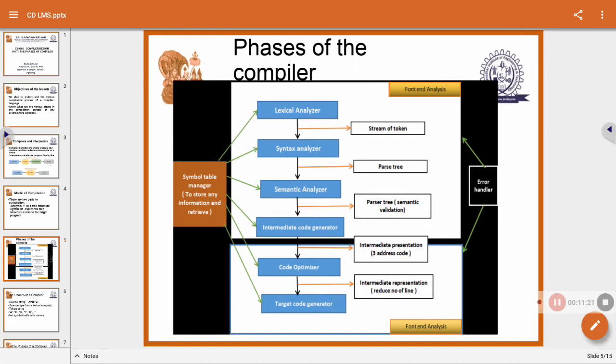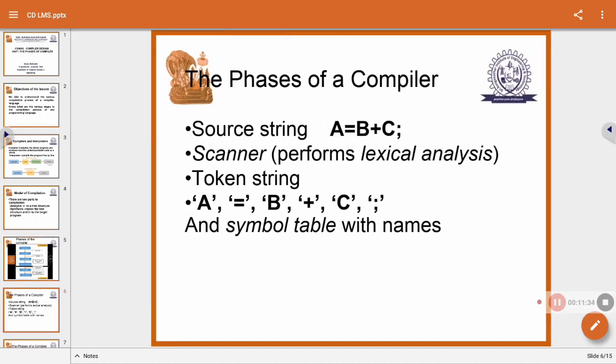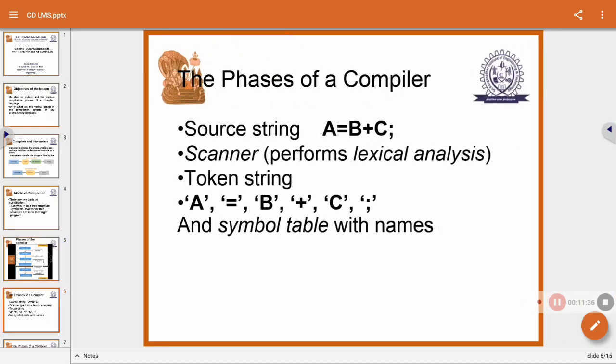A, B, C are the variables, which are considered tokens, and plus and equal to are the reserved symbols of the language. Which language? C language. Because A equal to B plus C semicolon is the syntax of the C language.